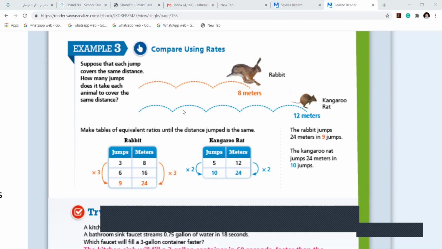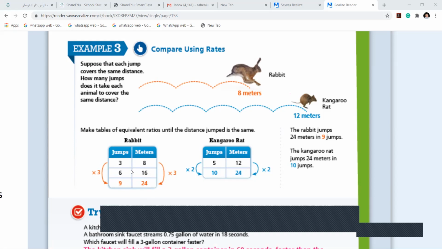With 1, 2, 3, 4, 5 jumps, it makes 12 meters. That's why they're asking: if it's 3, it's 8. If it is 6, it is 16. If it is 9, it is 24.